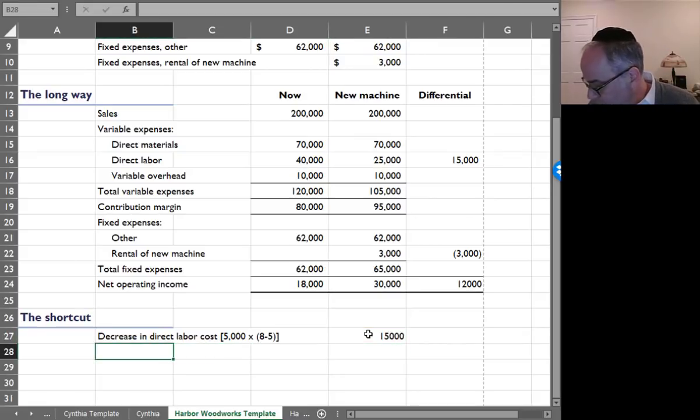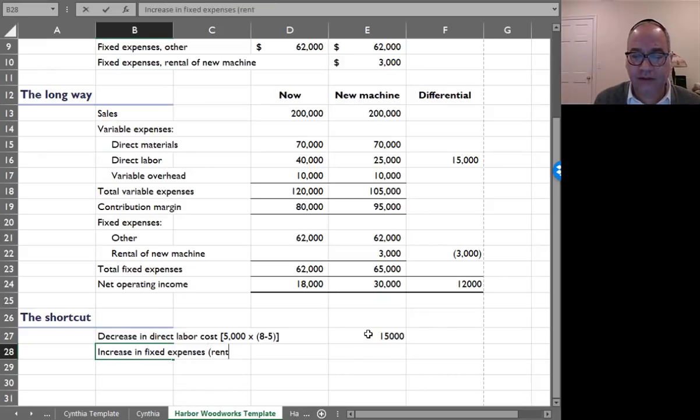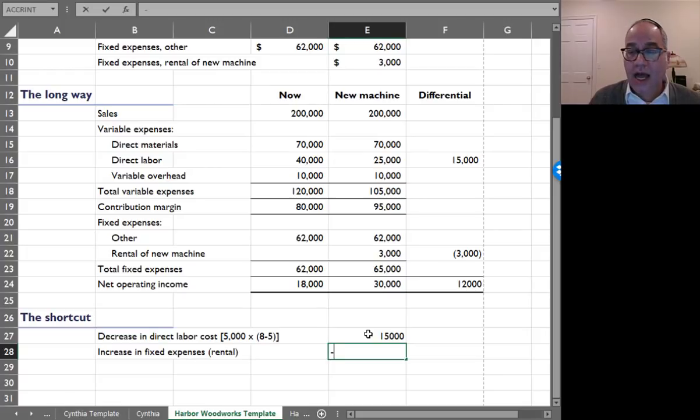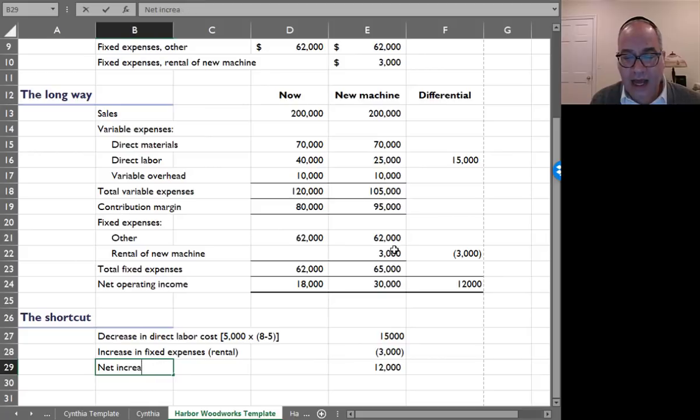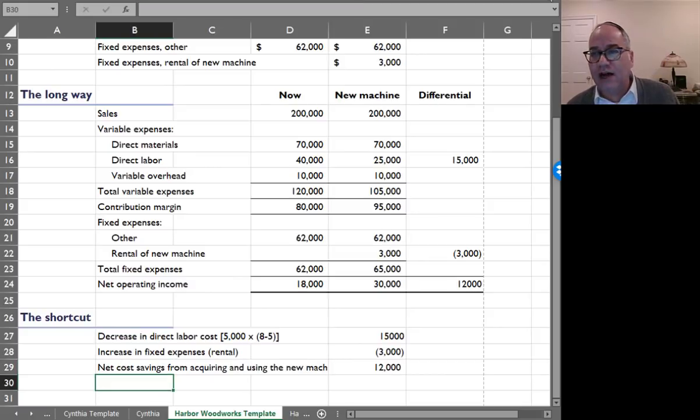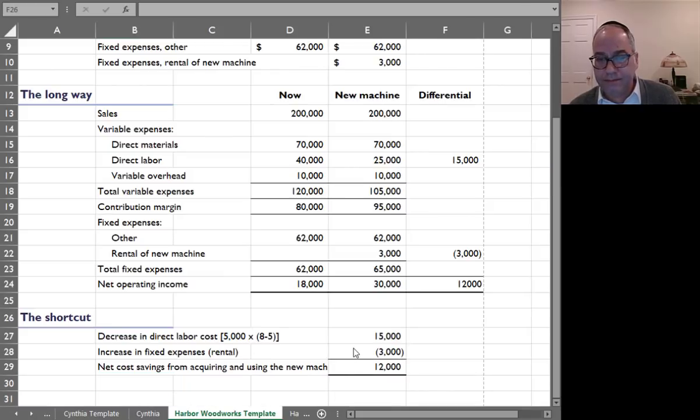I'm going to put that in as a positive because it would increase the income. And then we have an increase in fixed expenses for rental. That would be $3,000. And therefore, the net cost savings from acquiring and using the new machine would be $12,000, like so.